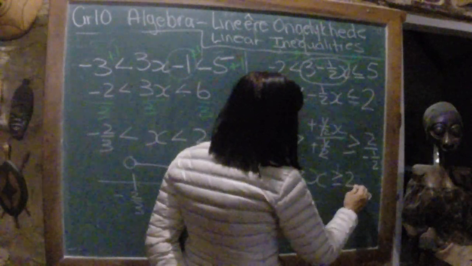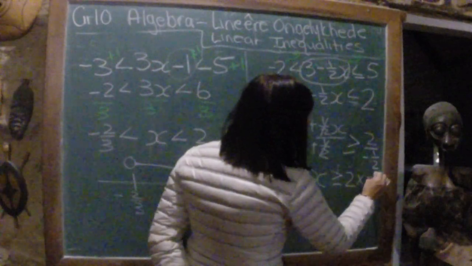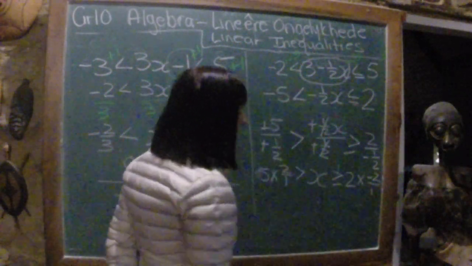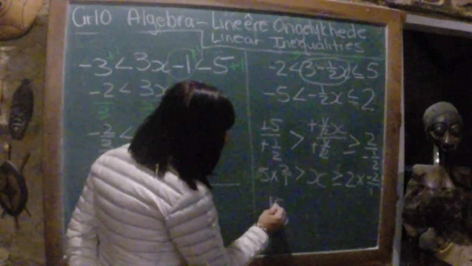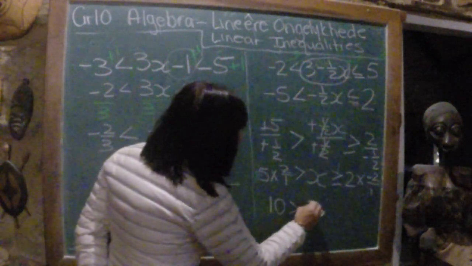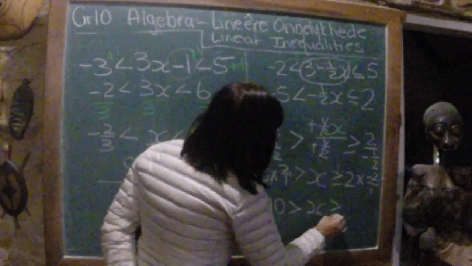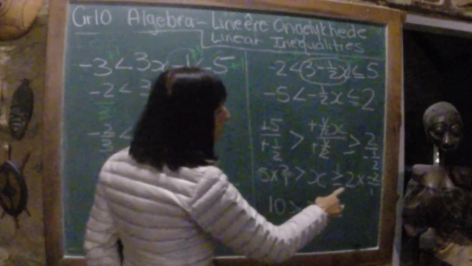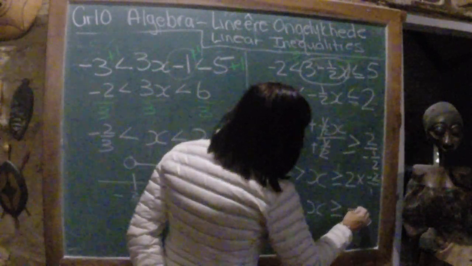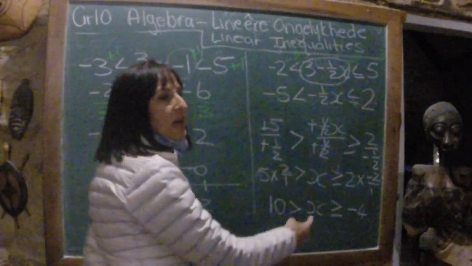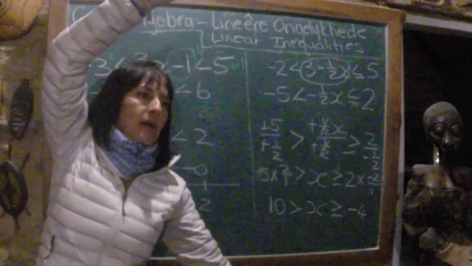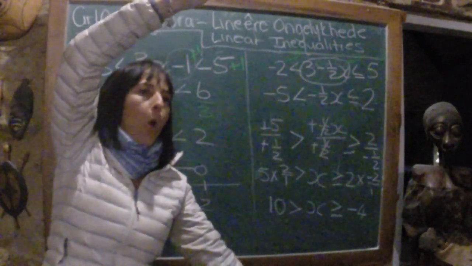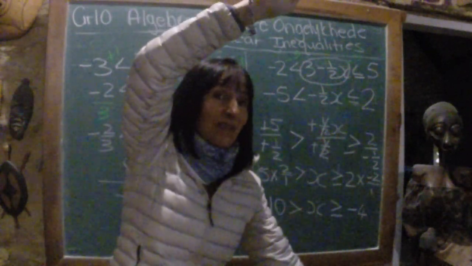I'm multiplying with the reciprocal if I divide with a fraction. 5 maal 2 is 10x. En kyk my ongelykhede, Graad 10, dit het omgeruil, 2 maal min 2 is min 4. Kom ons skryf dit nou van links na regs, want ek is gewoon my ongelykhede walks like an Egyptian. I like it that way.